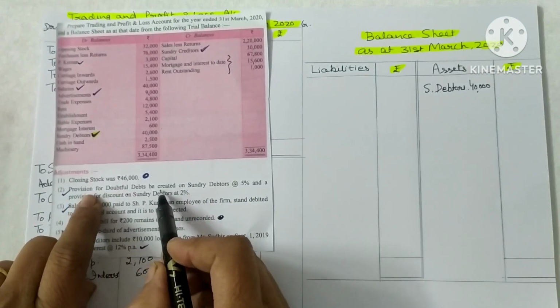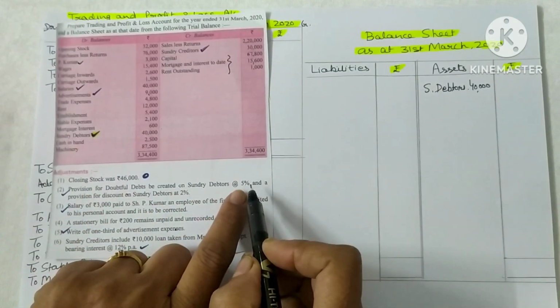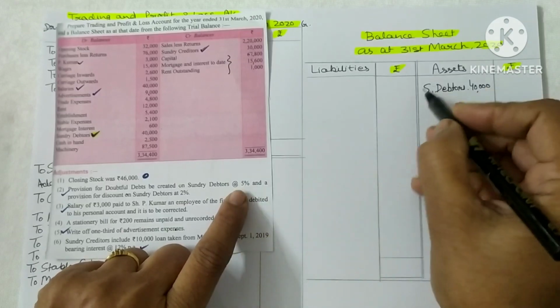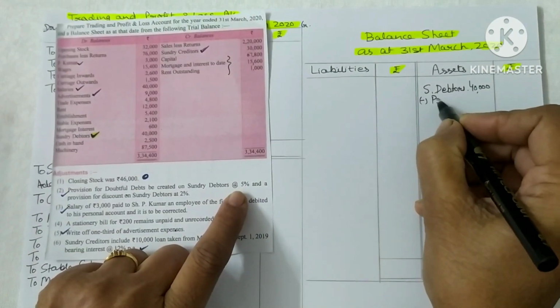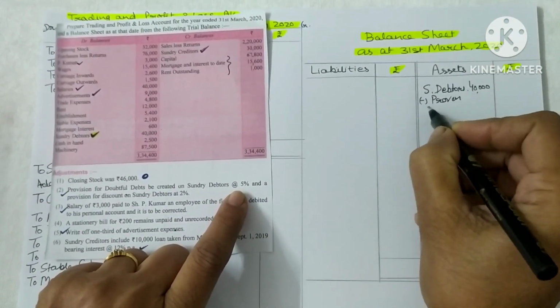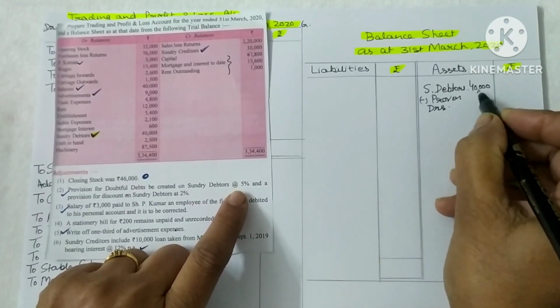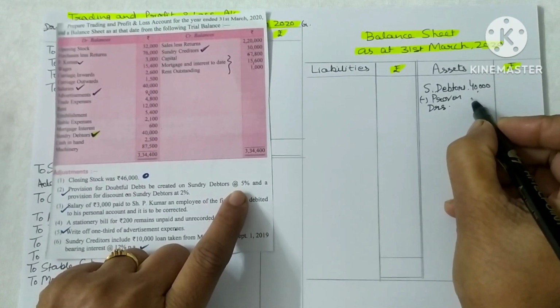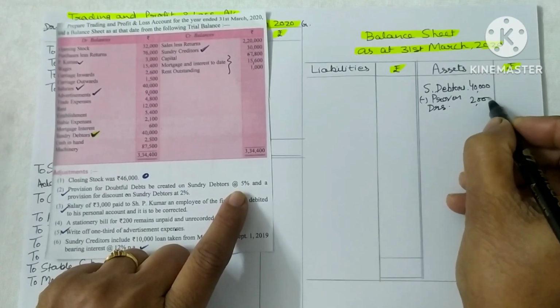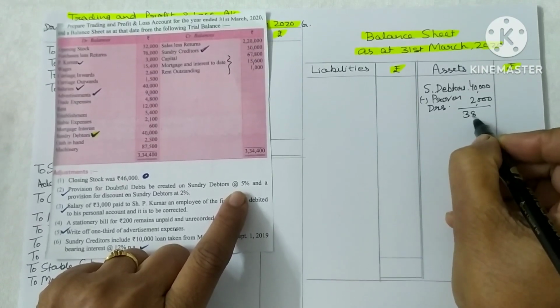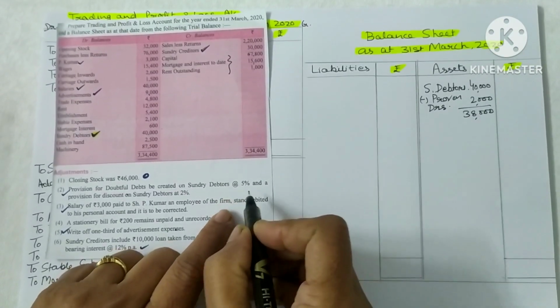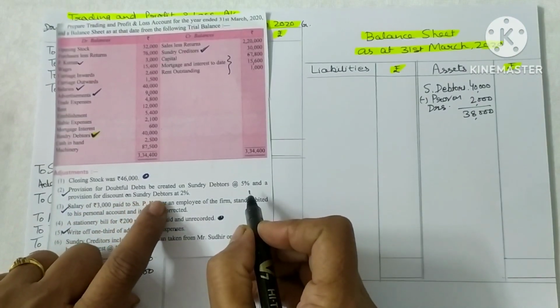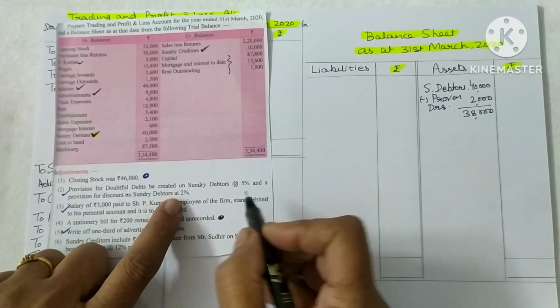Provision for doubtful debt is to be created on sundry debtors at the rate of 5%. So less provision on debtors. 5% of 40,000 is 2,000. 38,000.